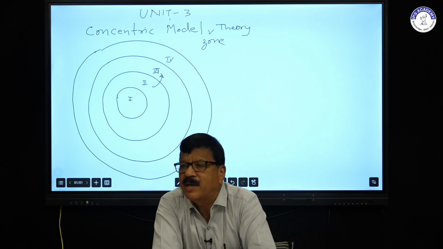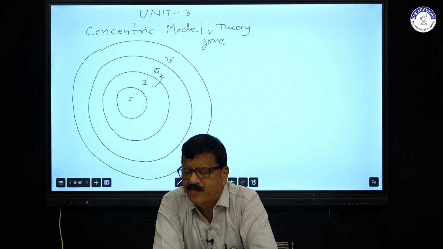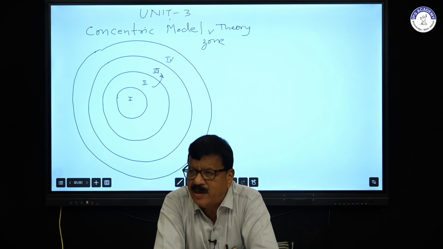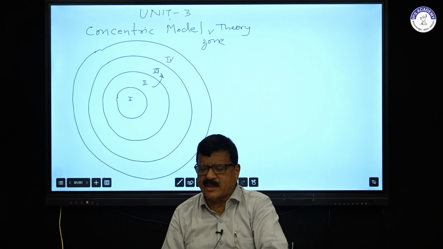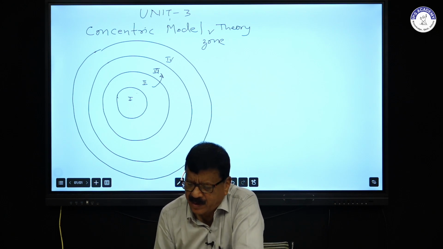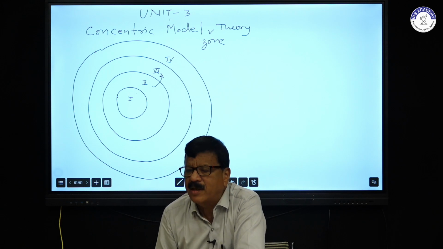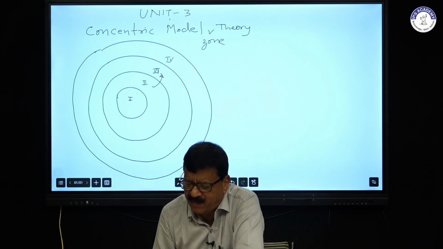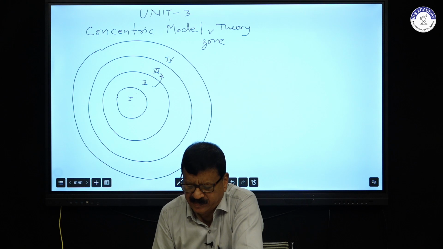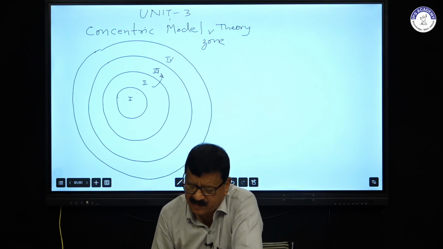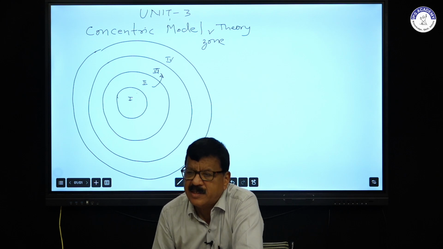Burgess also accepted that his concentric zone model can be modified by some physical and cultural factors. Example, nature of the surface.